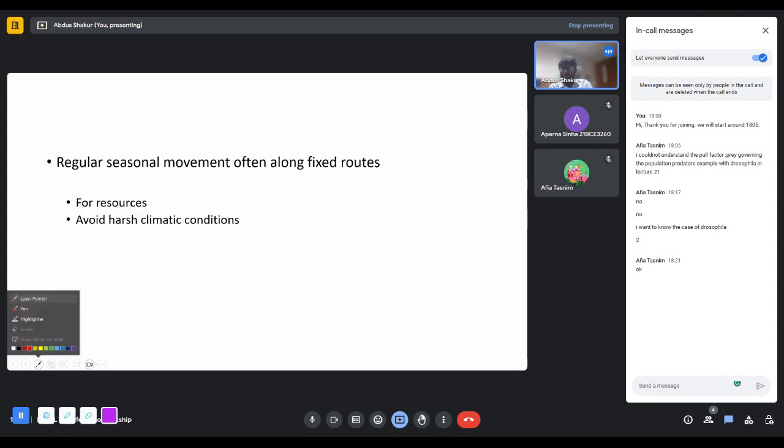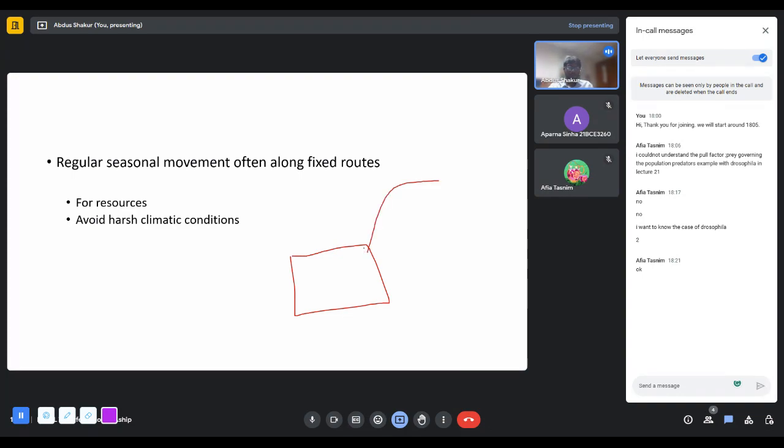So let's say this is an area of interest we are looking at. If some other animal comes from outside, this can be called immigration, right? Or someone leaves this place and goes to a different place outside, so that is called emigration.